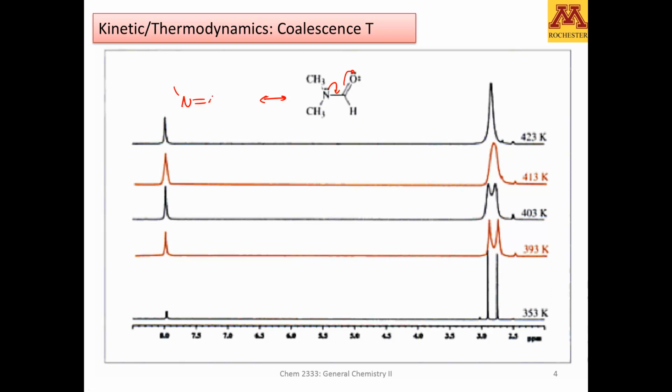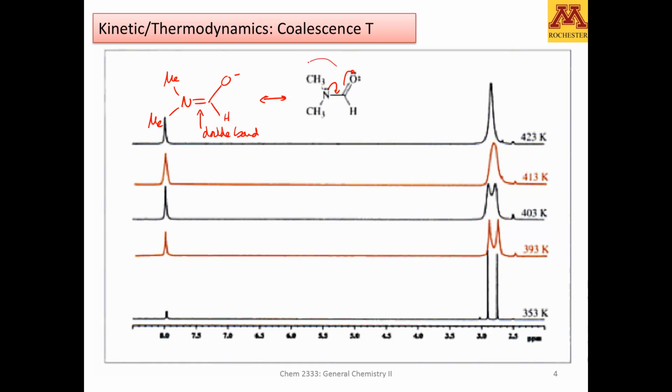So what you have, you can draw, this is a methyl group, this is a methyl group, this is hydrogen. The amide group has a somewhat double bond character. This is a double bond, so when you see an amide group, you have a double bond.